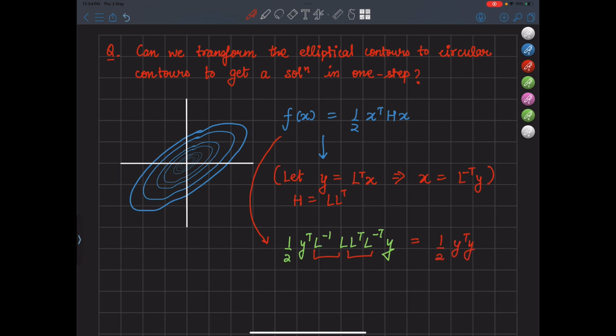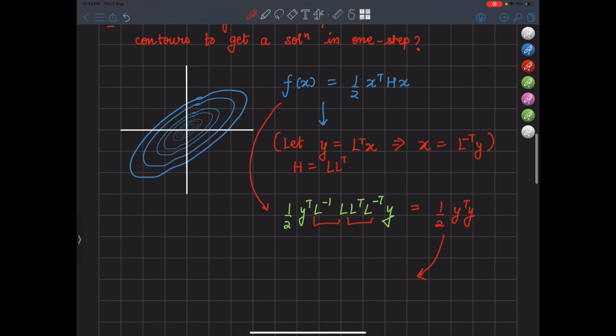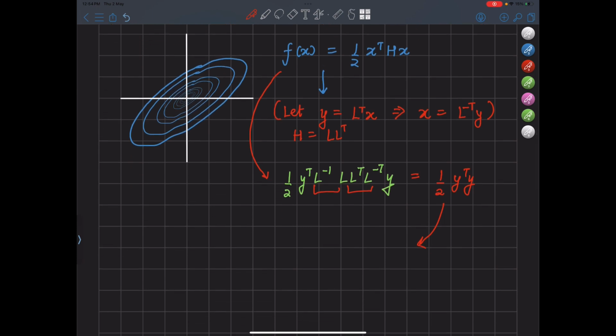So this particular function has circular contours in the transformed domain. I'll just draw it.